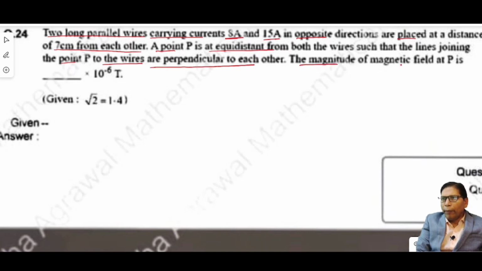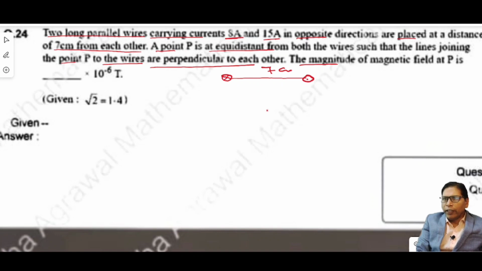The magnitude of magnetic field at the point P. Suppose these are parallel conductors. This one carries a current inwardly, and this conductor carries a current outwardly. The distance of separation between them is 7 centimeter.